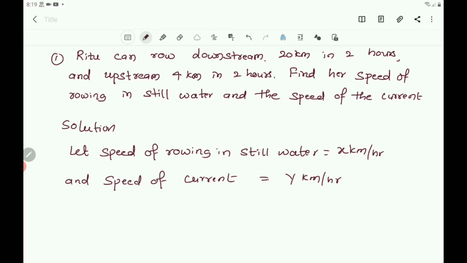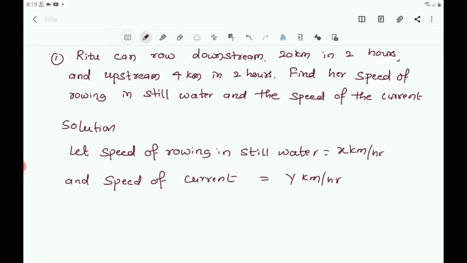Here we have to find the values of x and y.